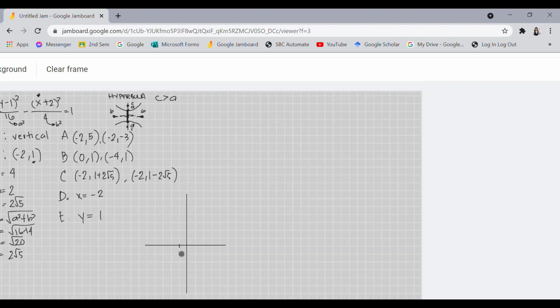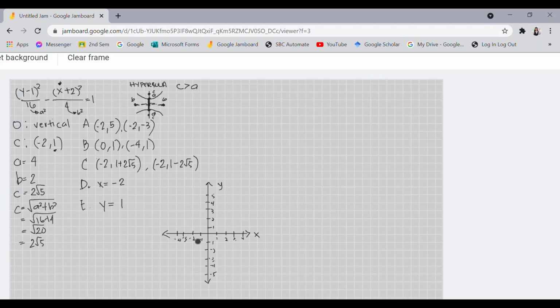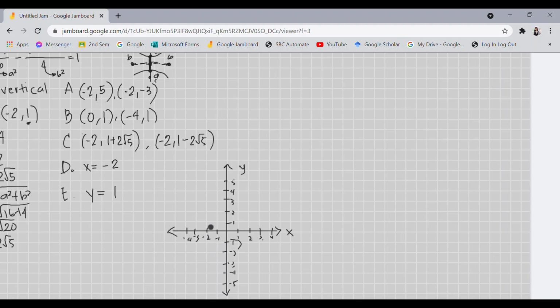So, we have -1, -2, -3, -4. Okay, we have 1, 2, 3, 4. This is the x-axis, and then we have 1, 2, 3, 4, 5. We have -1, -2, -3, -4, -5 for your y-axis. So, if the center is at -2, 1, ito po siya. Nandito po siya sa point na ito.